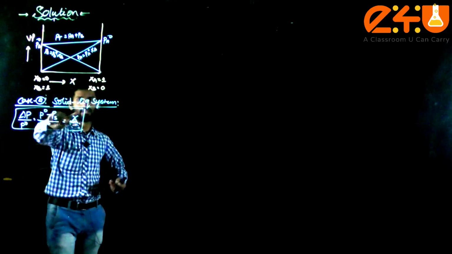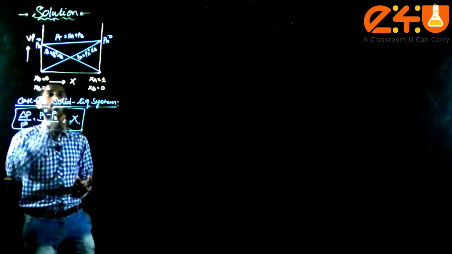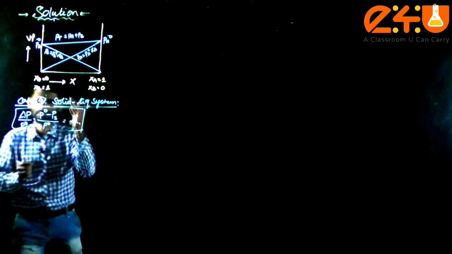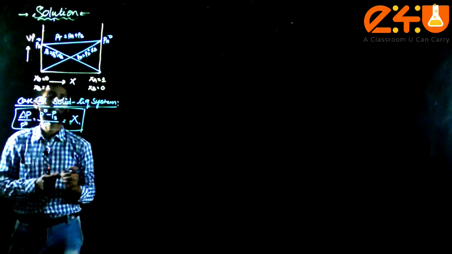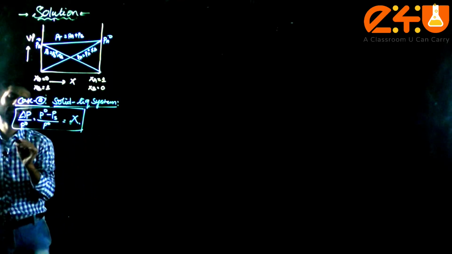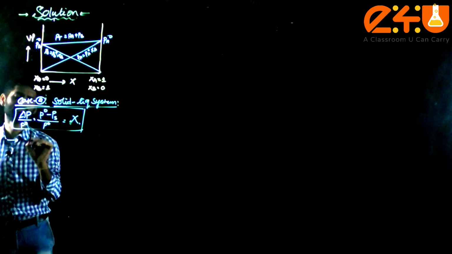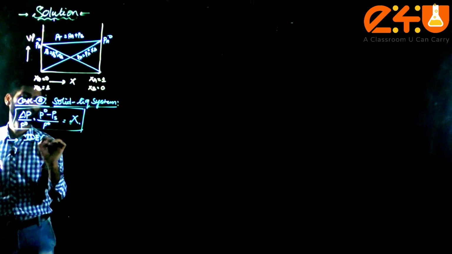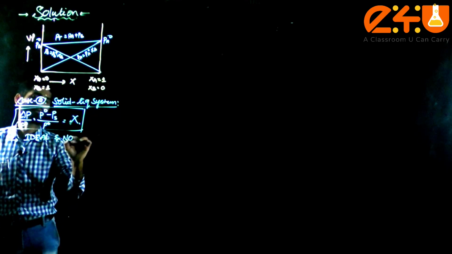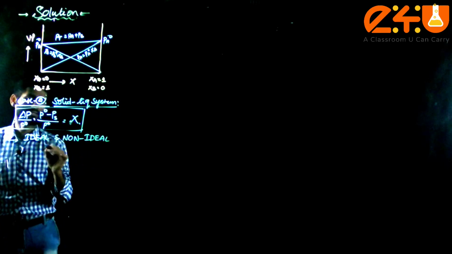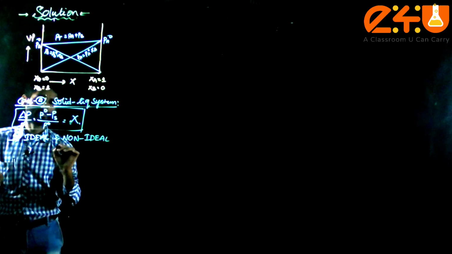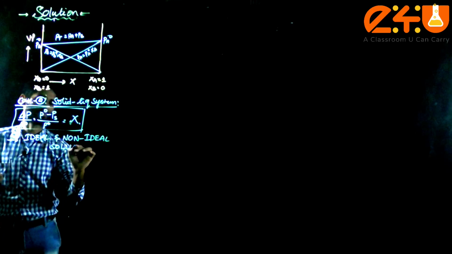That is the other statement of Raoult's law. Got this, dear students? This is about solid as well as liquid type of solution, very important. Okay, the next topic is ideal and non-ideal solutions.